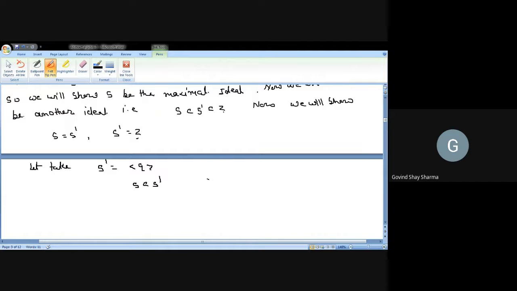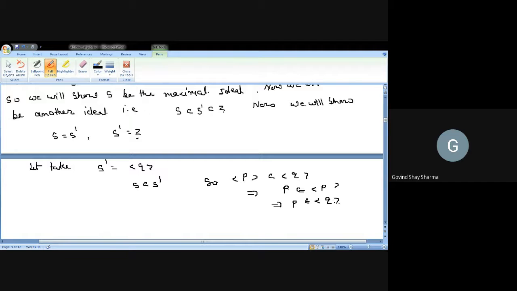So P also belongs to S dash. The set generated by P is also a subset of Q. That means P belongs to the generation by P set, and the set generated by P is a subset of Q. So P also belongs to generation by Q set.